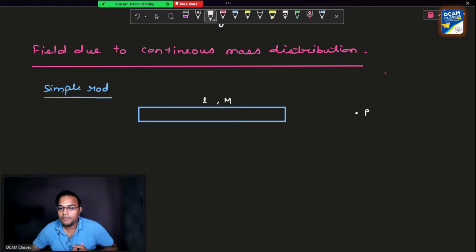We actually know how to find out the field due to a point mass. That's G capital M by R square.